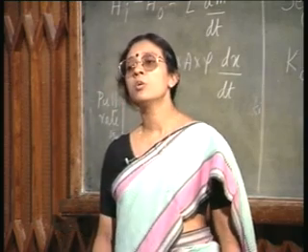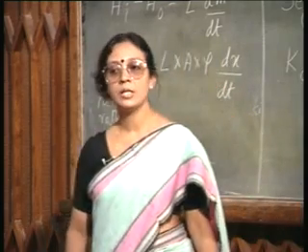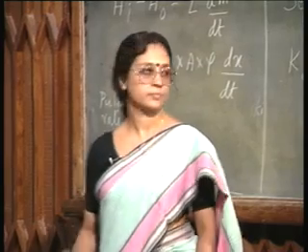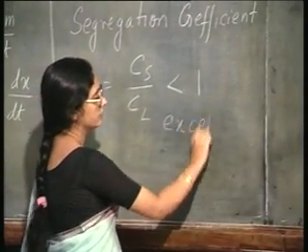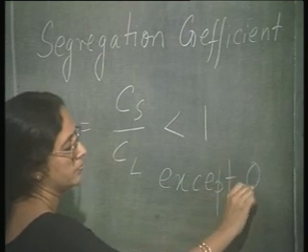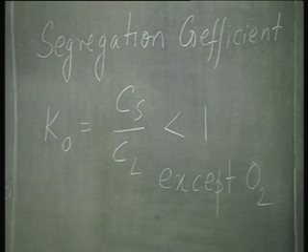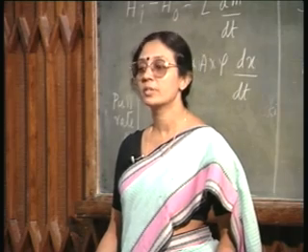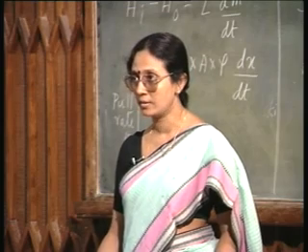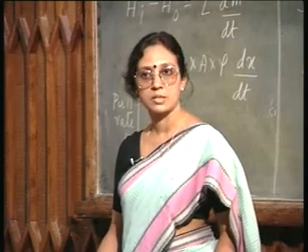That is true for most common impurities, with the notable exception of oxygen. That is, oxygen will have a segregation coefficient greater than 1, that is, oxygen will try to come preferentially into the crystal.